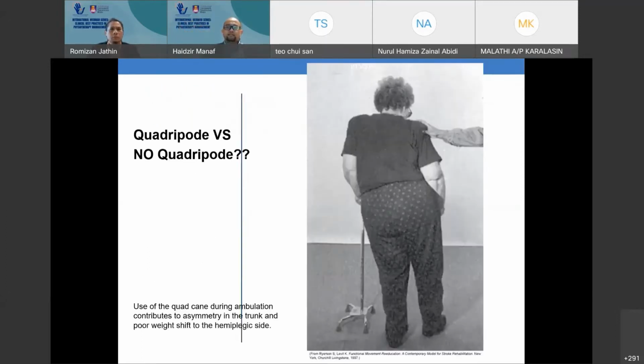Some of you might have listened to my presentation in Sarawak, maybe in other conferences. I will ask this question. As the therapist, do you want to prescribe a quadripod or not during early ambulation training? Can anyone answer me? Maybe you can share your experience.